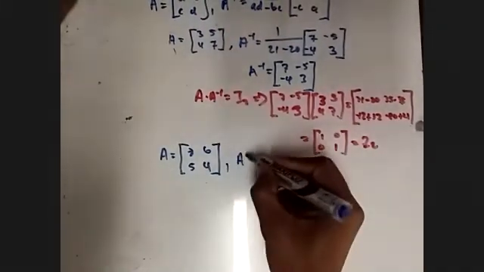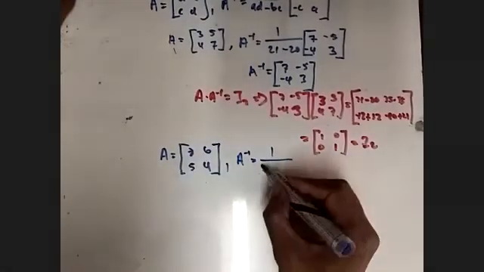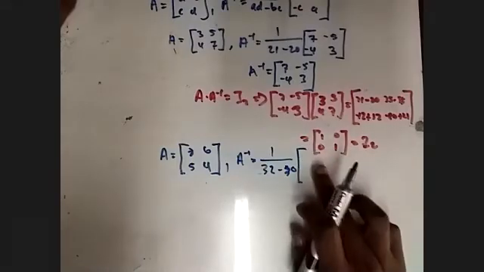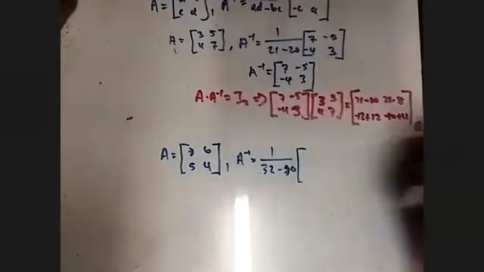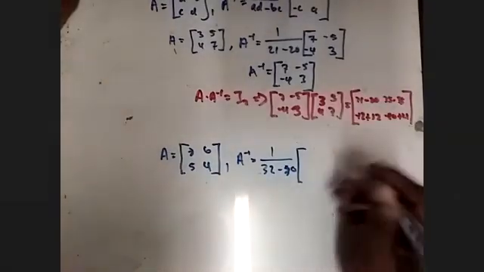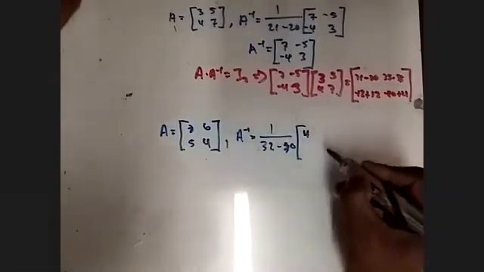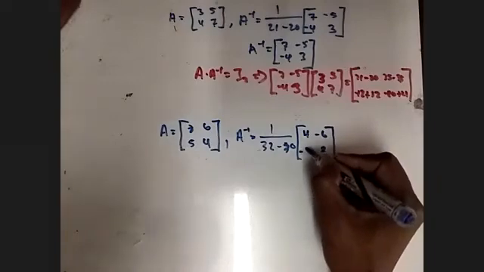So A inverse is given by 1 over 8 times 4, which is 32, minus 5 times 6, which is 30. It's very interesting. Now, as I said, D becomes A, so it becomes 4, 8, -6, -5.